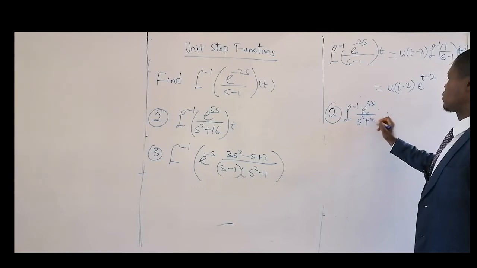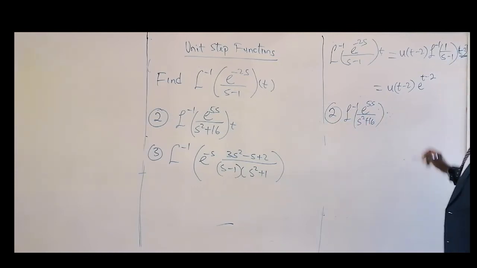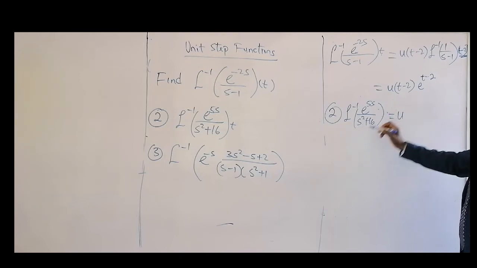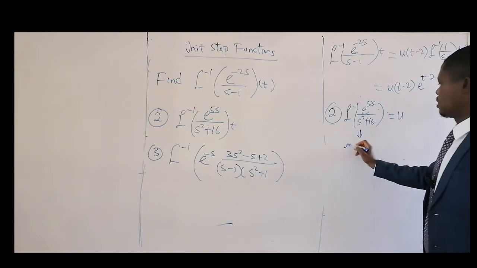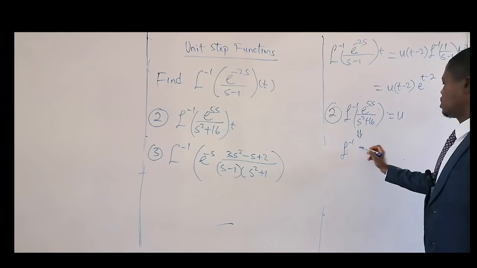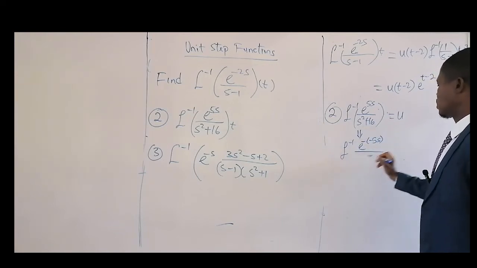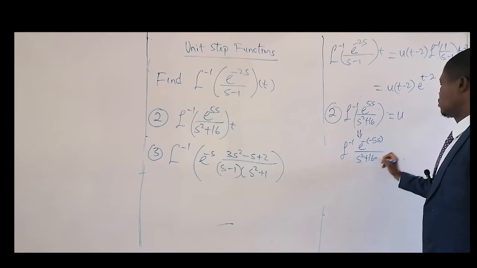Next, the inverse of e to the 5s over s squared plus 16. We can write this so that you follow the standard form, e to the minus minus 5s, all times 1 over s squared plus 16.